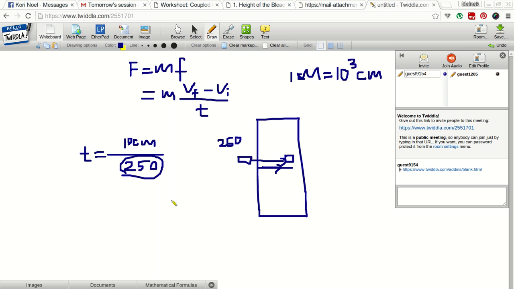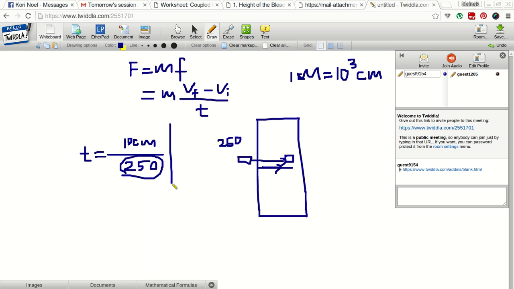No, I'm not asking you anything. What I'm saying is that this particular argument, time equals distance divided by velocity, is not correct here. It is correct, but not in this particular case. When is it correct? When the bullet travels at a constant velocity.